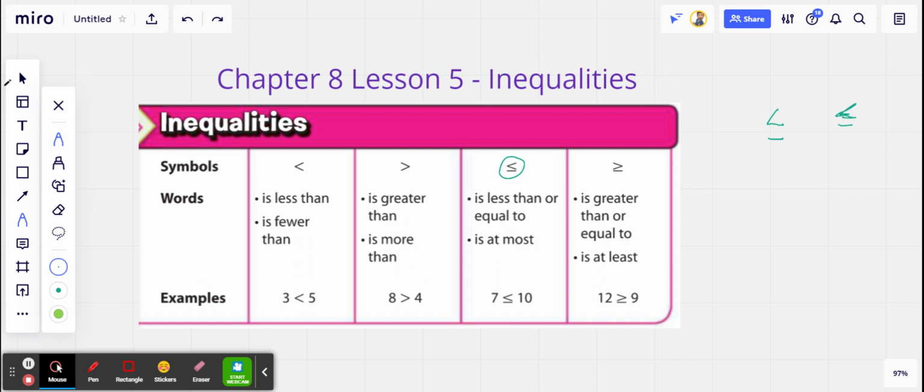Okay, so I'm going to go ahead and show you an example of what we're going to be doing today. Let me erase this here. All right, let's scroll down.